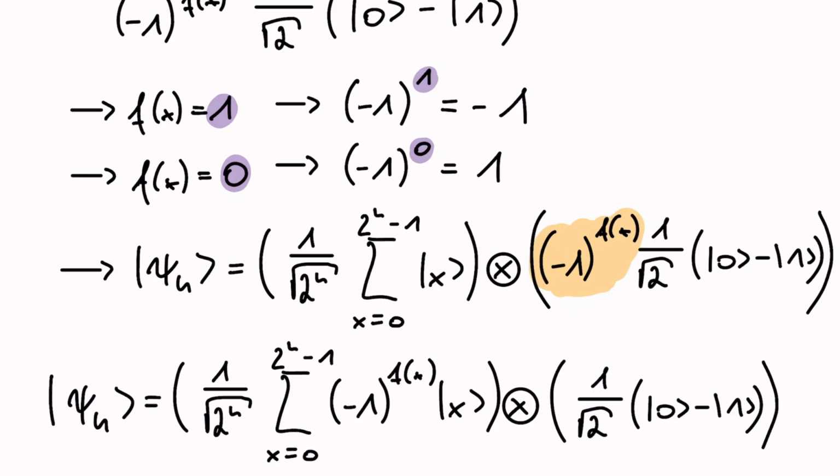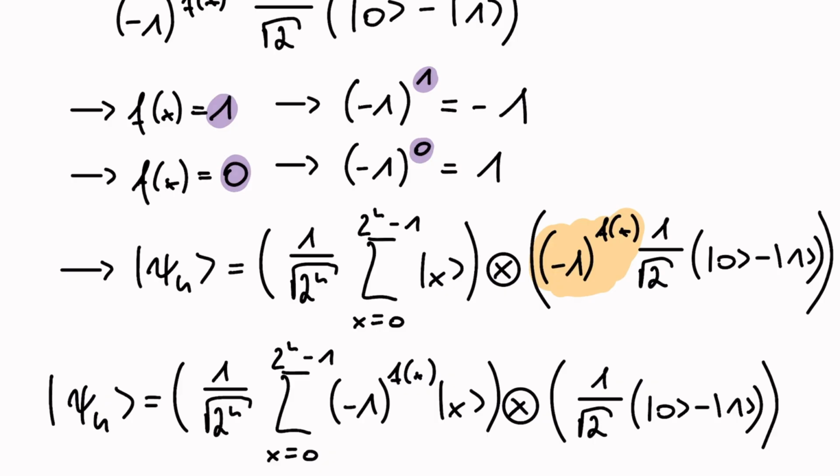We take 1 divided by the square root of 2 to the power of n, then a sum over x from x equals 0 to 2 to the power of n minus 1. And for each x, we multiply the state x by minus 1 to the power of f of x. And finally, take the tensor product with the unchanged output qubit state, which is still 1 divided by the square root of 2 times (0 minus 1).